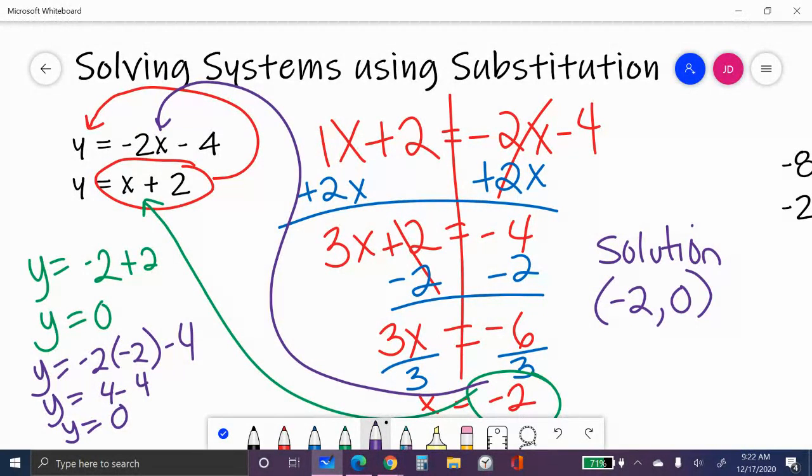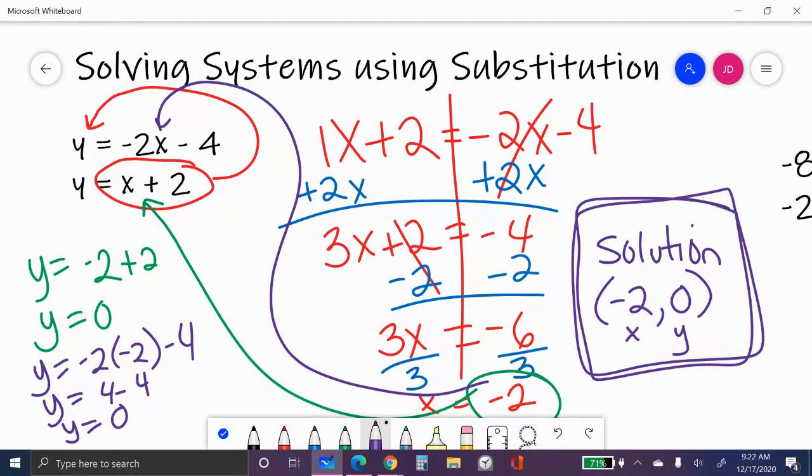Make sure you put parentheses and you put the comma in between to make sure it's coordinates, right? Because this is your x, this is your y value. So this is your solution at the very end. All right. So it's basically, if you know how to solve an equation with one variable, you should be able to do these. The only difference is we're just using substitution.